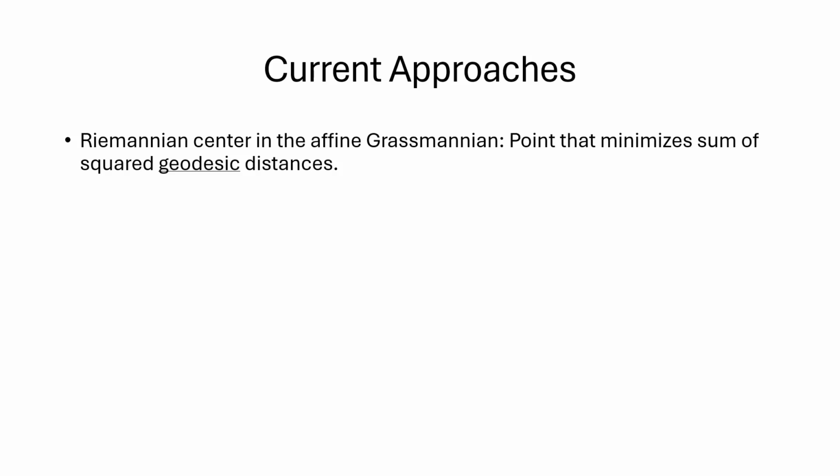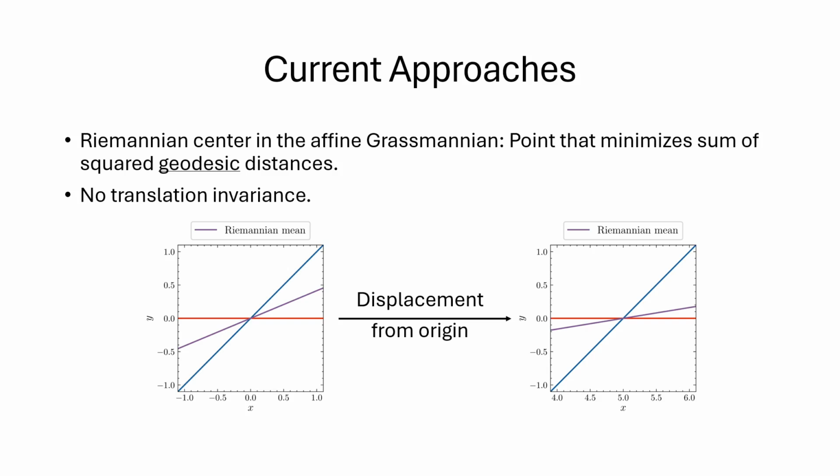Riemannian centers can be found by iterative minimization, but this approach suffers from the lack of translation invariance. For example, while the mean of two lines that intersect in the origin is their bisector, when shifting both lines away from the origin, their Riemannian center is not a shifted version of the previous mean, and thus not their bisector anymore. Also, the theory behind this approach is quite involving, and our approach is easier to understand.